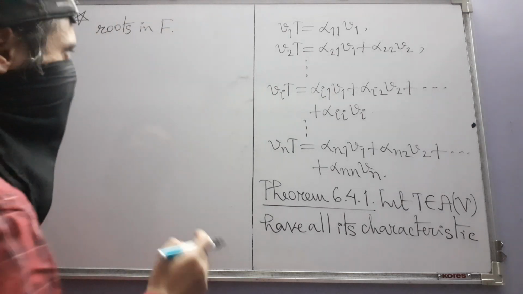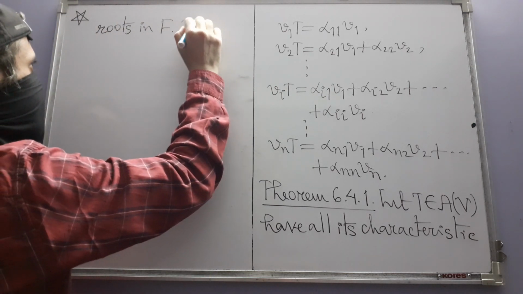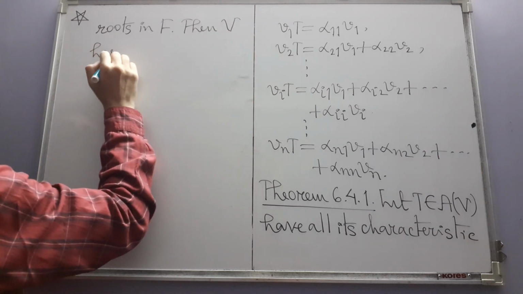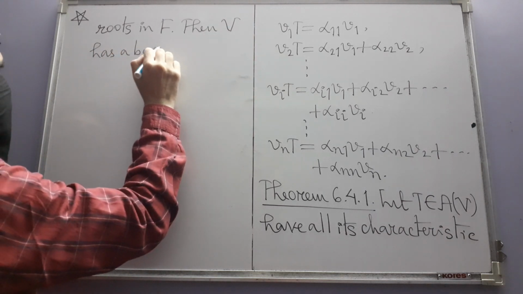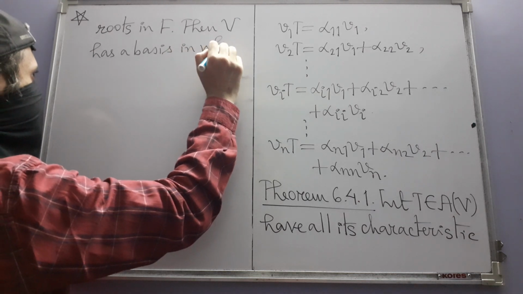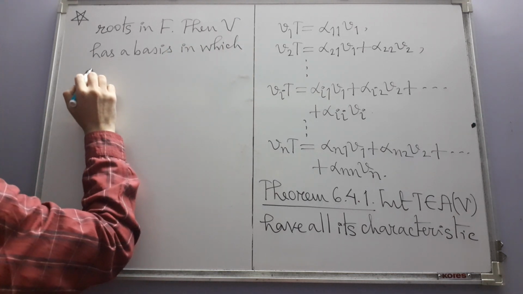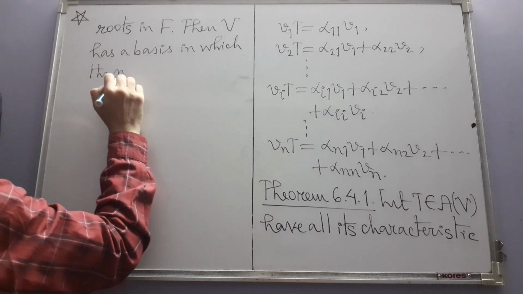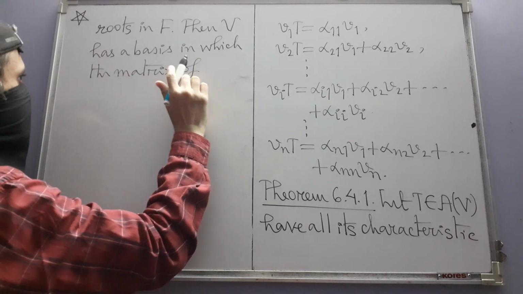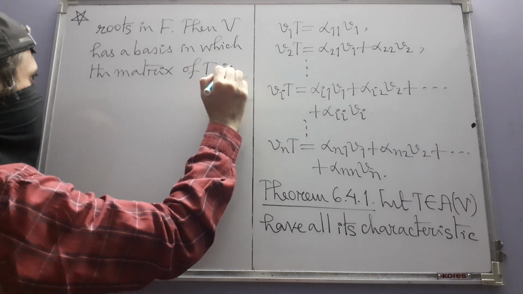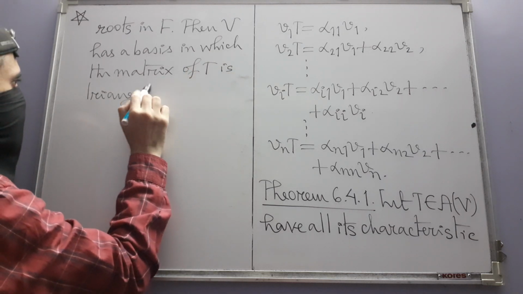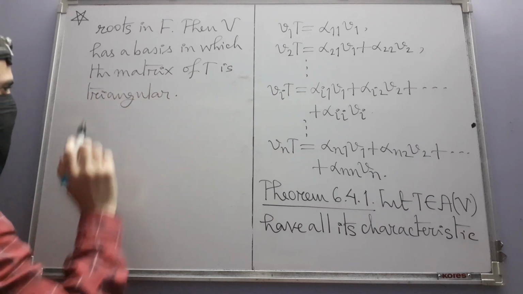If this happens, then V has a basis with respect to which the matrix of T is triangular.